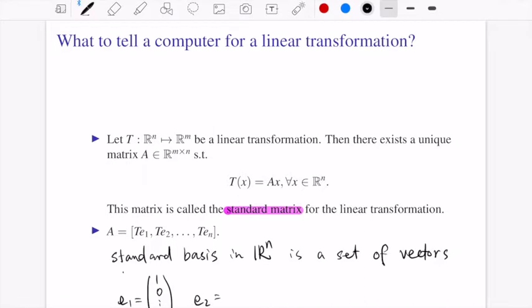And e2 is 0, the second component is 1, and the other entries are 0. And all the way down, en is 0, 0, 0, and the last entry is 1.